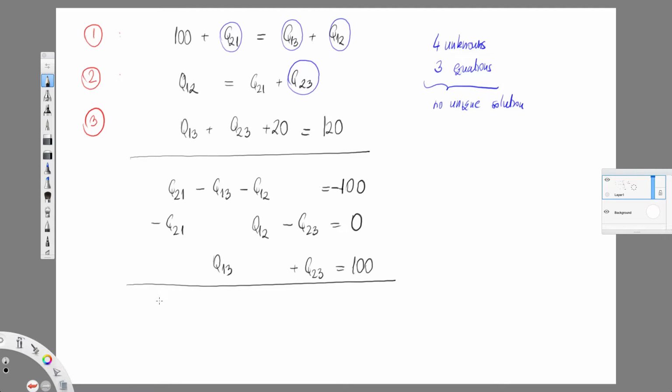So the system here that corresponds to this is 1, minus 1, minus 1, 0, minus 100; minus 1, 0, 1, minus 1, 0; 1, 0, 0, 1, 100.